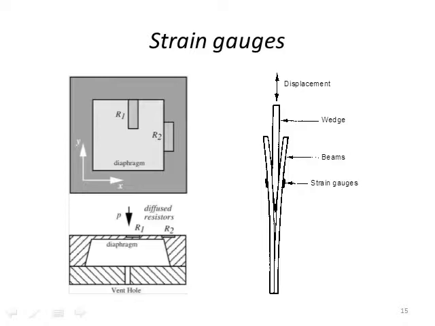As the beams are moved due to the wedge moving deeper, it basically spreads these beams in the right and left directions respectively, which induces a strain. So essentially this area is going to stretch, and then the strain gauge is going to be elongated, and then we get a change in the resistance.